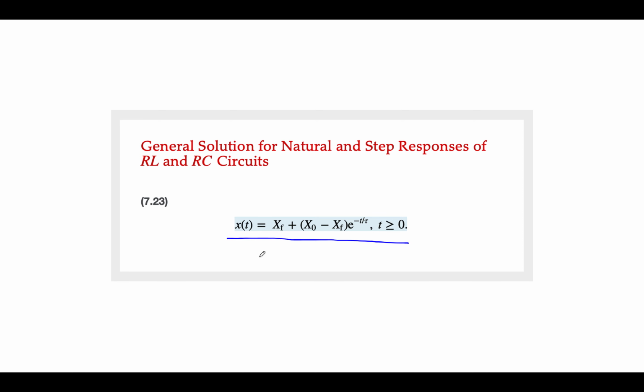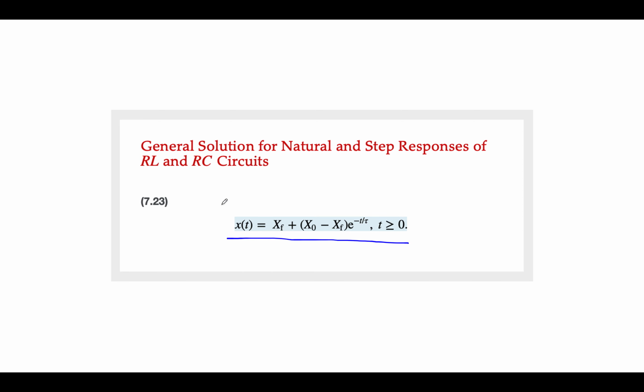So in a natural response, you may remember that there's no forcing function, but you do still have an initial condition. In a natural response, because there's no source, the final condition on capacitor voltage and inductor current is that they're going to go to zero. So you can use this for the natural response if you let your final value become zero, as it does.